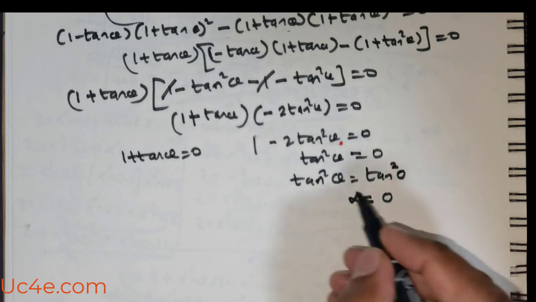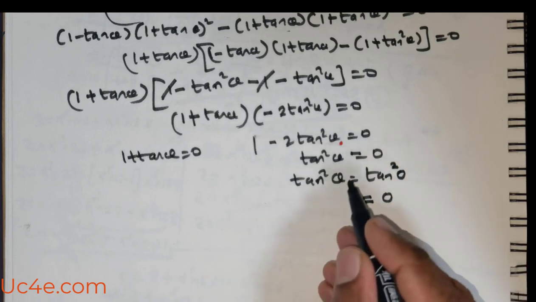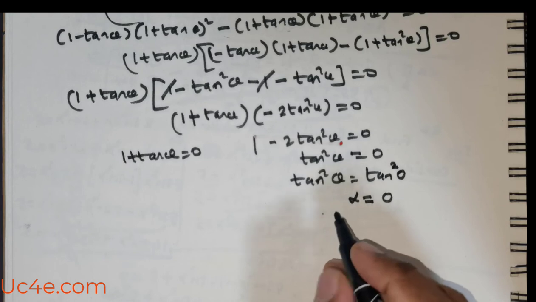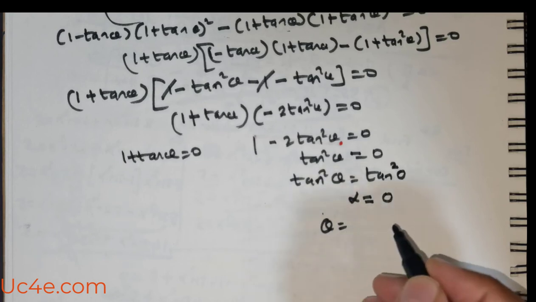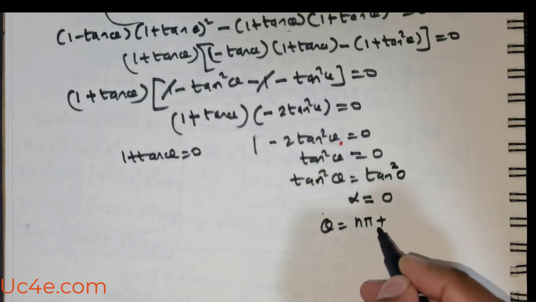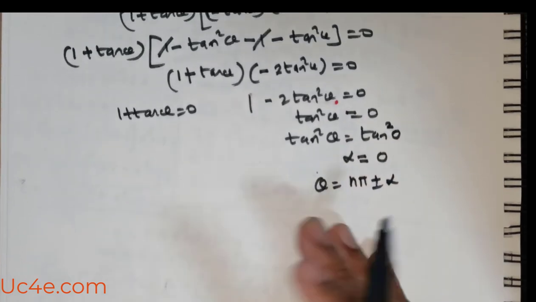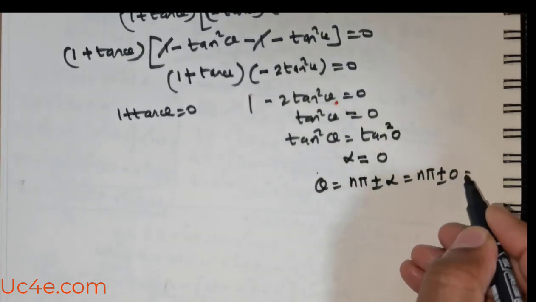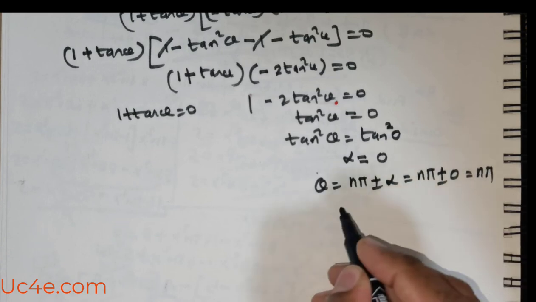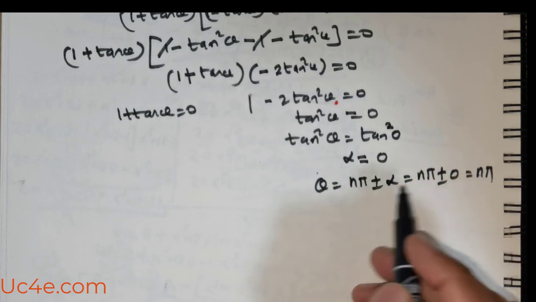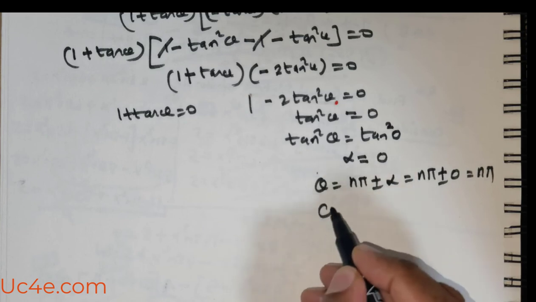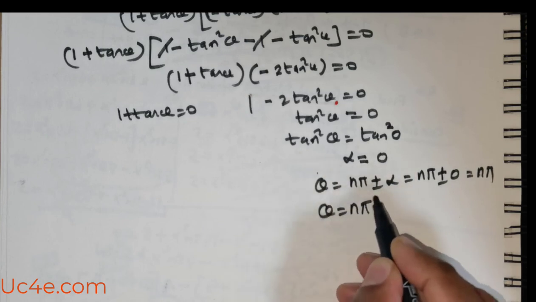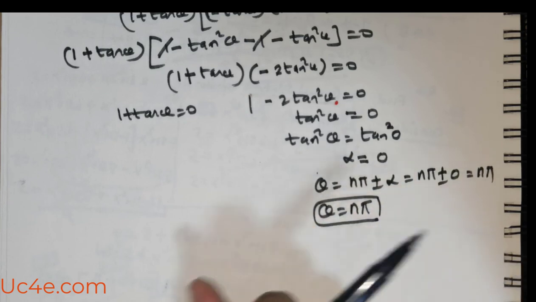So alpha is equal to 0. So the general solution in this case is going to be theta = n pi plus or minus alpha. So that would mean n pi plus or minus 0, which is nothing but n pi. So n pi is the solution. So let me write that out. Theta is equal to n pi. Okay, so for this part.